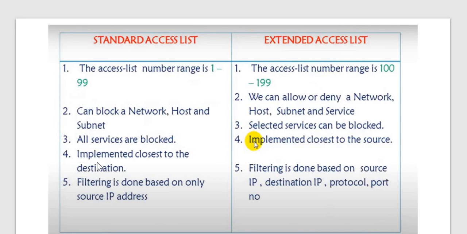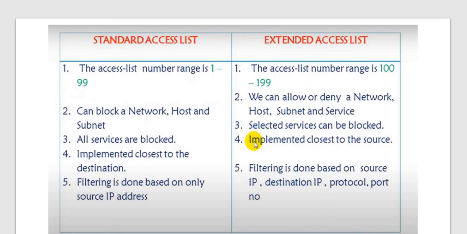A standard ACL should be implemented closest to the destination. An extended ACL is implemented closest to the source. Standard filtering is based only on source IP, and extended filtering is based on source IP, destination IP, protocol number, and port number.